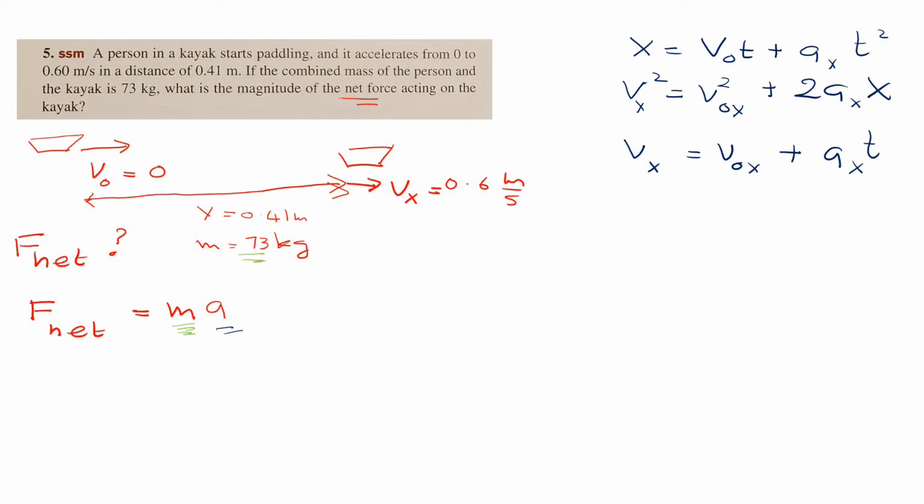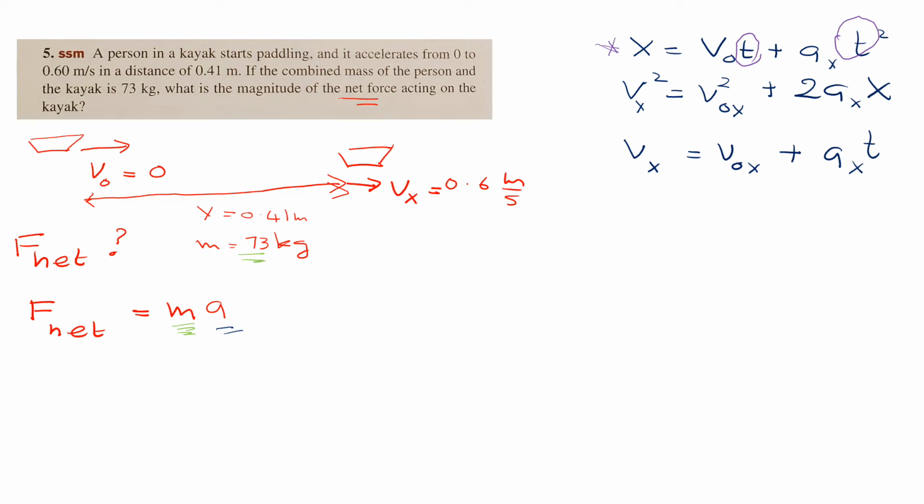Now we need to calculate the acceleration because it's not given. We have the initial speed, final speed, and the distance it traveled. The first equation has time, and nowhere in this problem is time mentioned, so we can't use this particular equation.